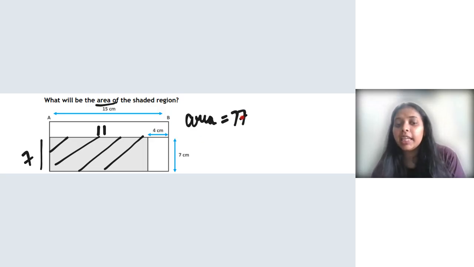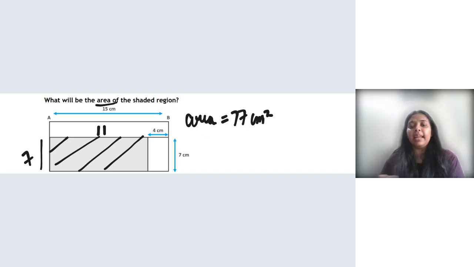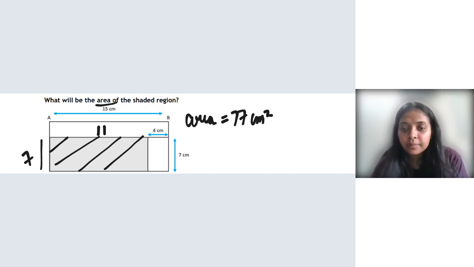Very good. So the area of the shaded region is 77. What you did, you multiplied 11 with 7? Yes. Very good, Devika.